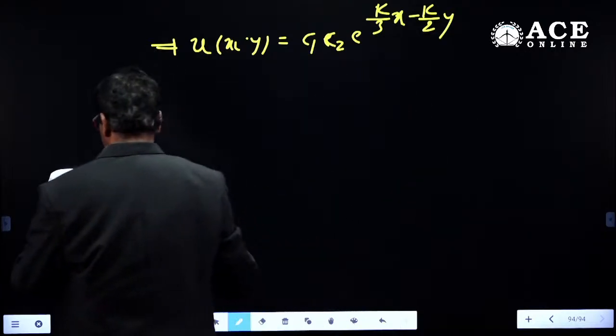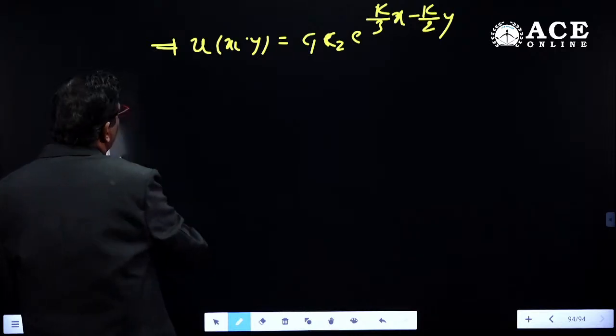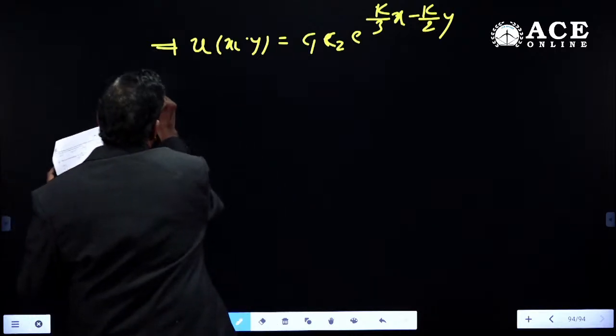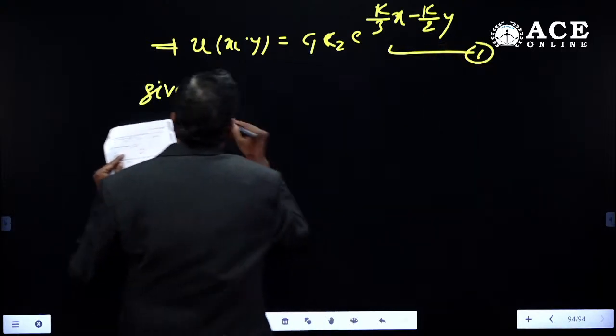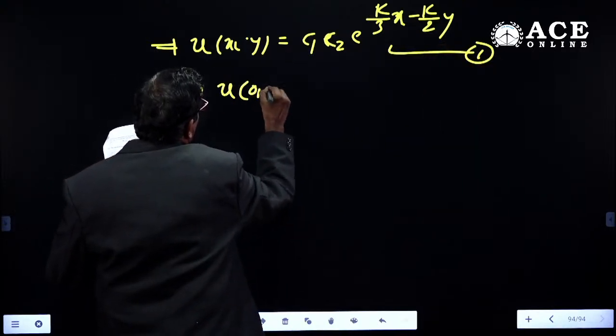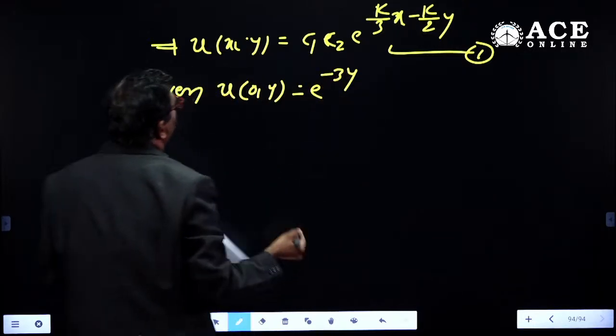What is given here? u of 0,y is equal to e to the power minus 3y.